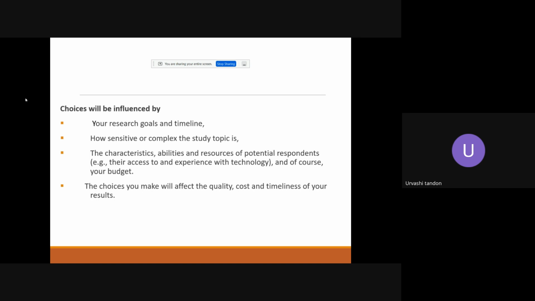First of all, what type of questions do you want to frame? The questions which you want to frame depend upon the research goals and timeline. Let's say you want to finish your PhD within 3 years, and accordingly, how many questions? The question very commonly asked by the candidates is, ma'am, how many questions should we frame for our PhD?